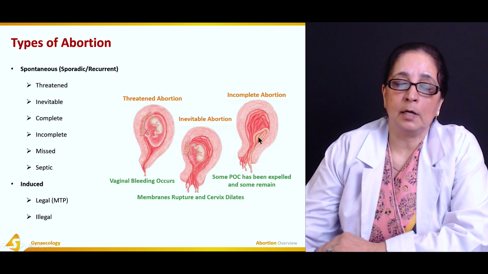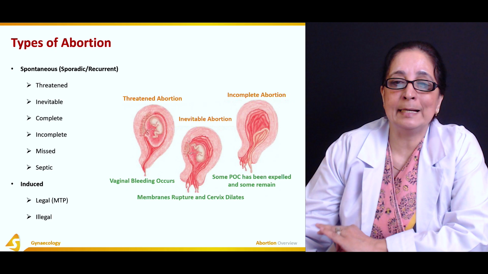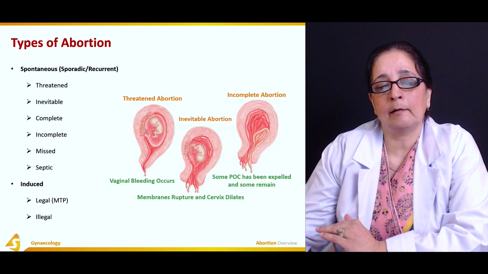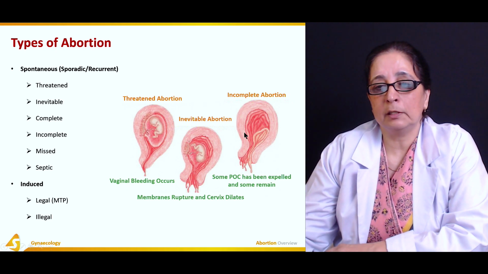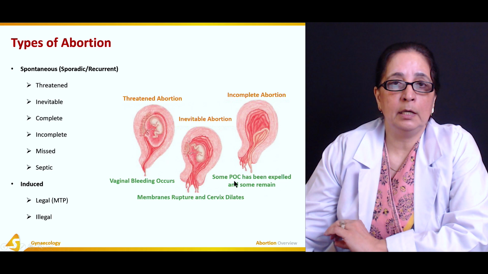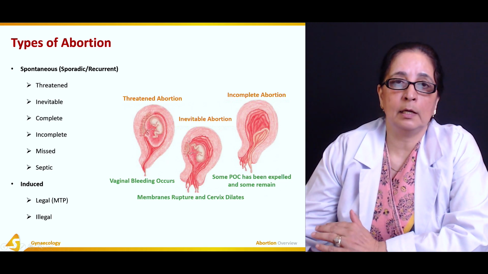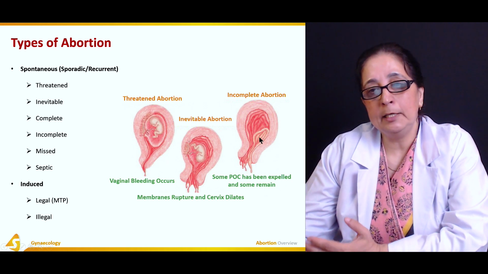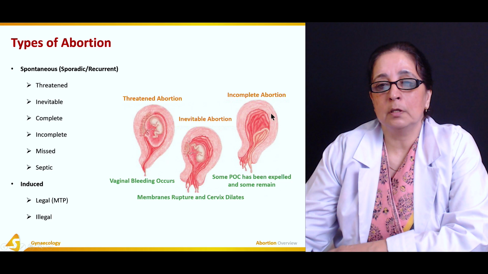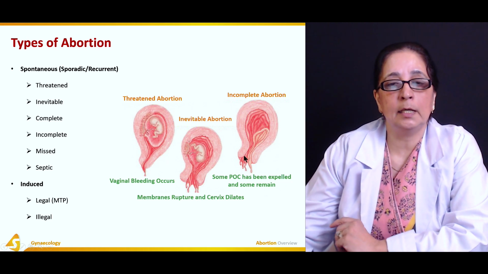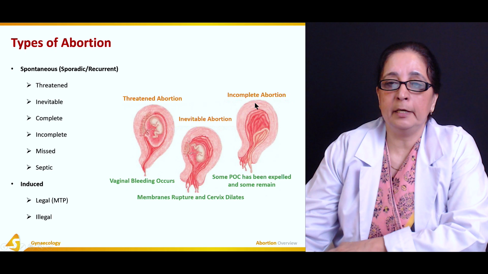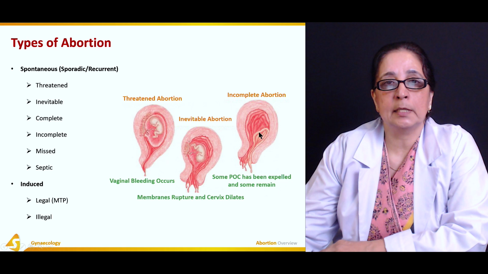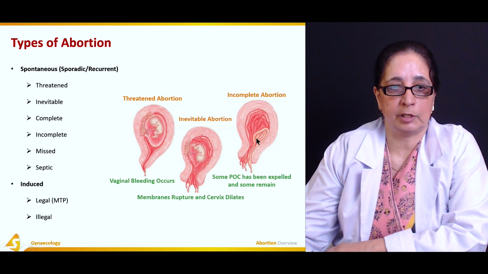It is very important that the uterus is completely clean after abortion or miscarriage, because with remaining product of conception, patients keep complaining of spotting and on and off bleeding, and this might lead to infections. So incomplete abortion is treated with D&C because some product of conception is still inside the uterus.